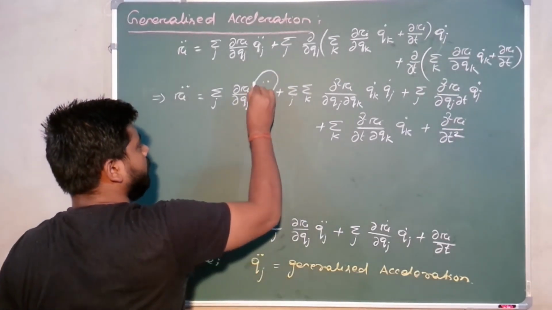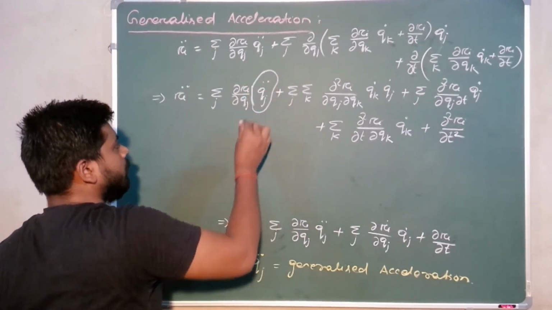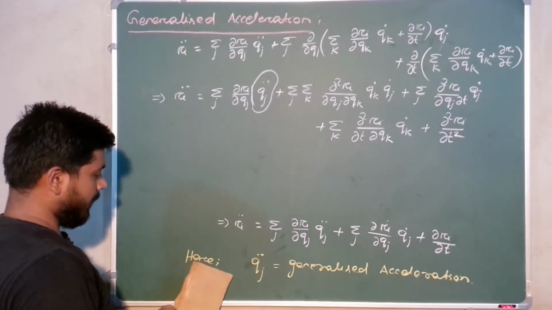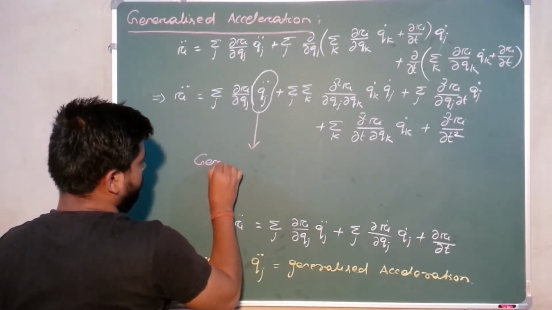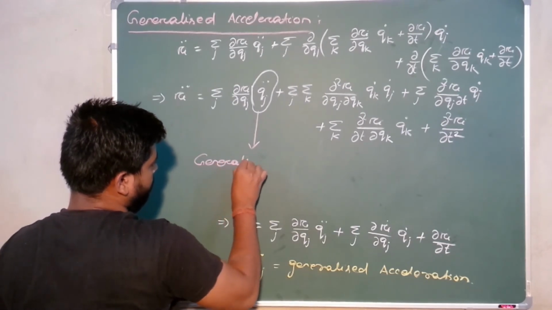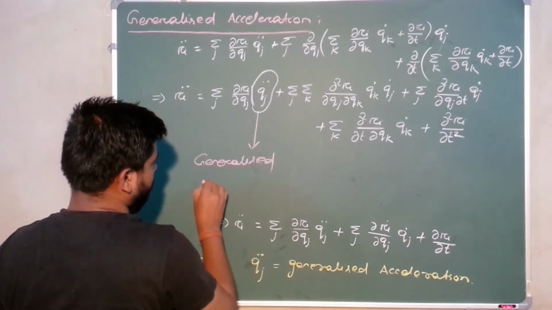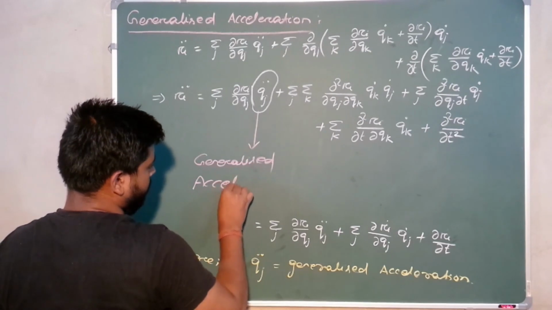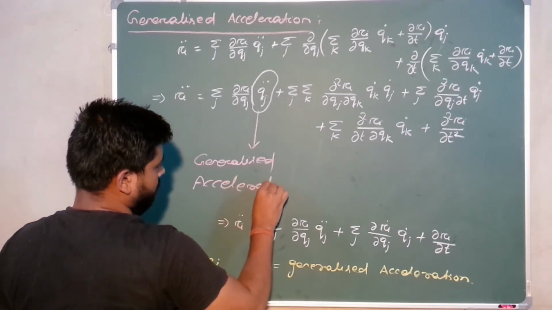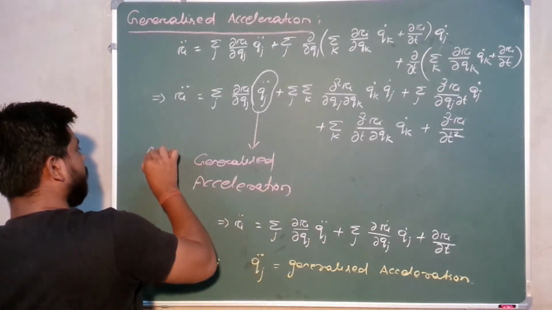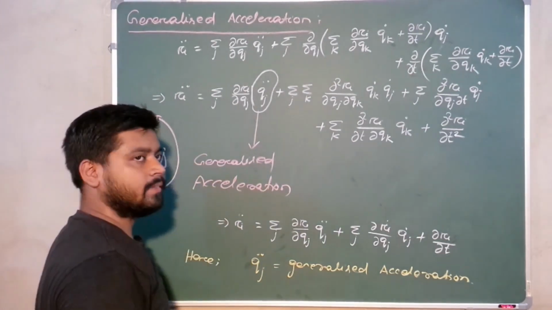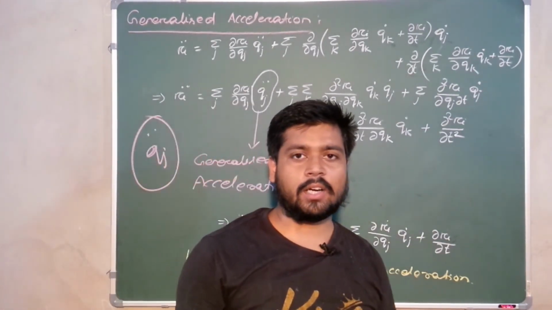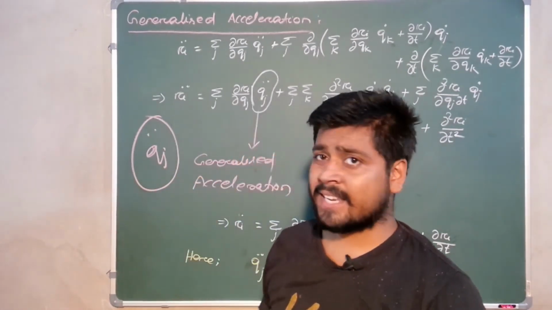This one is our generalized acceleration, qj double dot. Yes or no? This is all about the class on generalized acceleration.